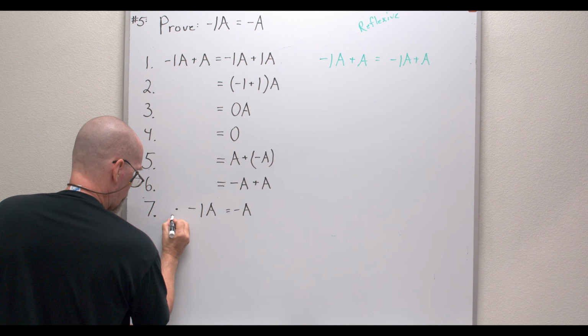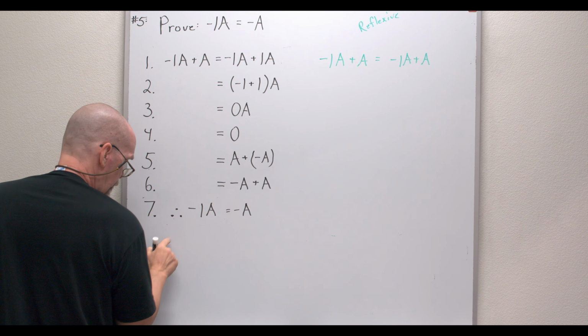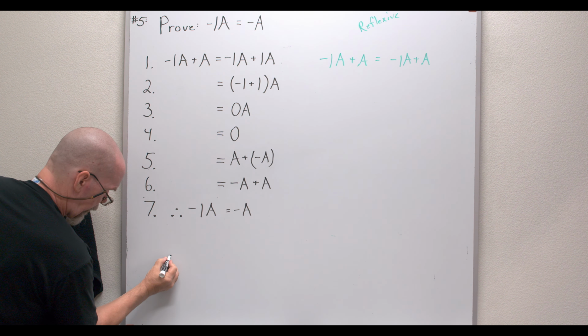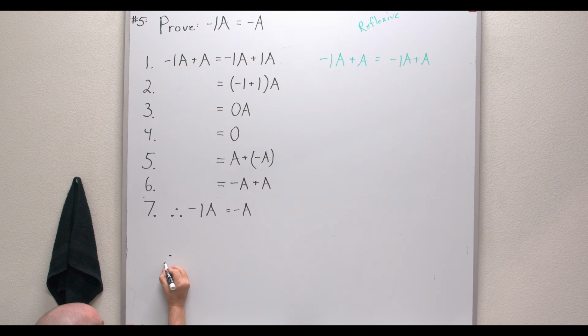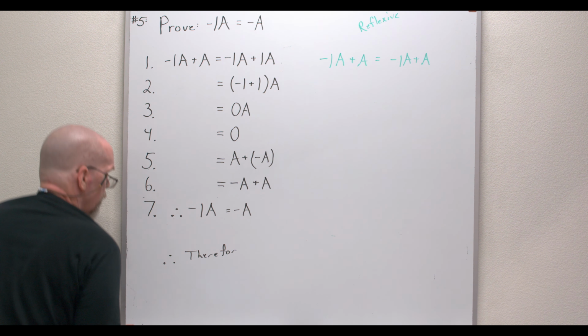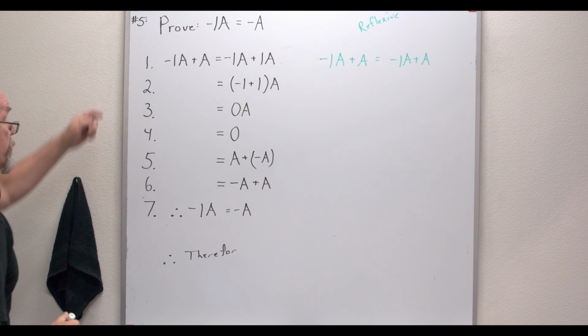Number 7 has 3 dots and a triangle that I'm writing right now. Those 3 dots in the triangle mean therefore in math shorthand. Therefore, this equals that, which is what we're trying to prove.